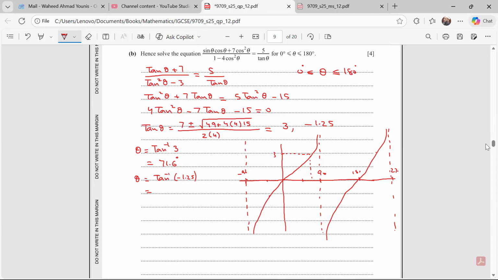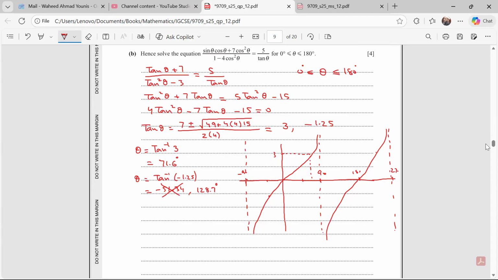So in this case I will add 180 degrees, and it will give me 128.66. Now the other angle is not in my range, so I will discard it and use this angle.